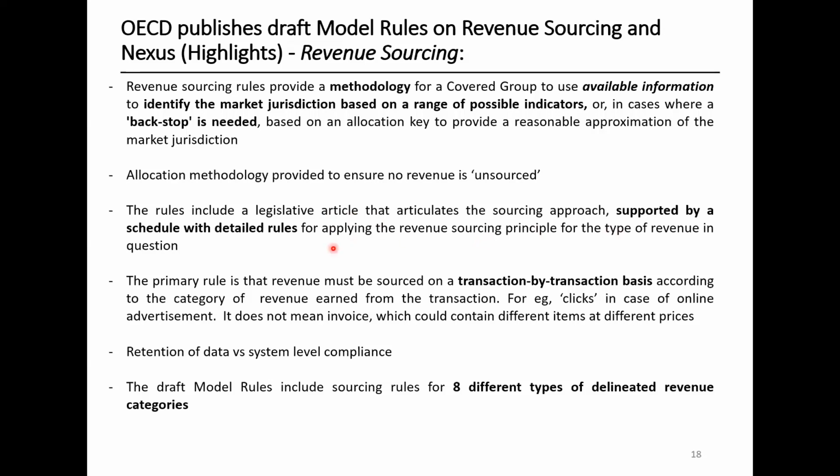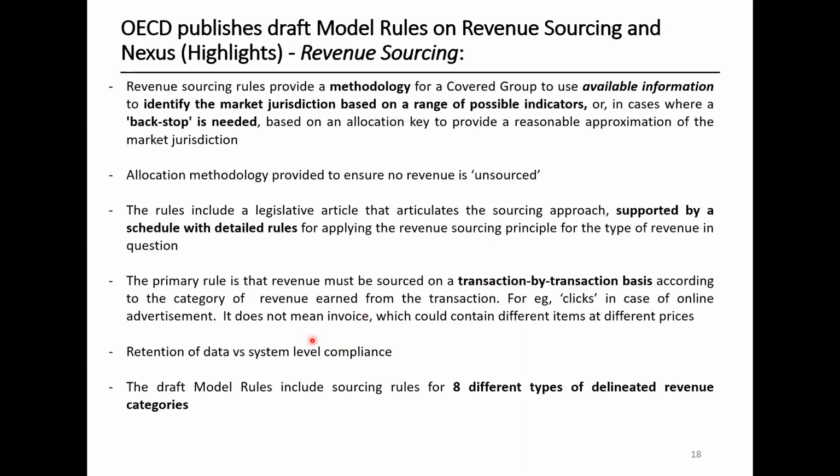There is a detailed schedule which outlines how these rules have to be applied, or source has to be applied. The determination on income or revenue is by a transaction by transaction basis and not by virtue of contracts or agreements.